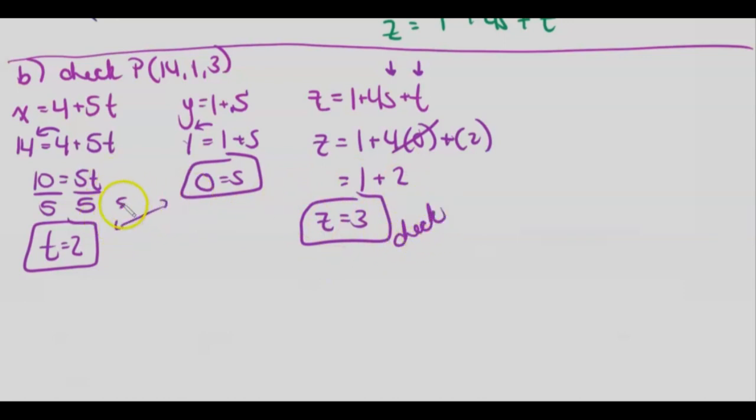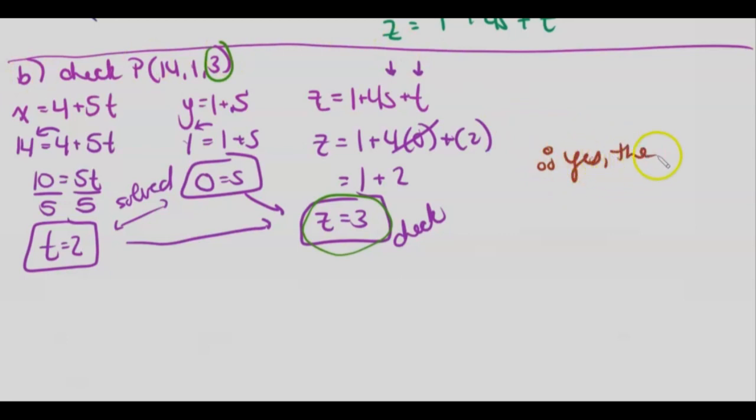These two parts we solved for, so what you solve for is never going to change. Now we cross-reference. Does z equal 3? Does the parameter t equals 2 and s equals 0 actually hold? Yes, it does. So therefore, yes, the point lies on the plane.